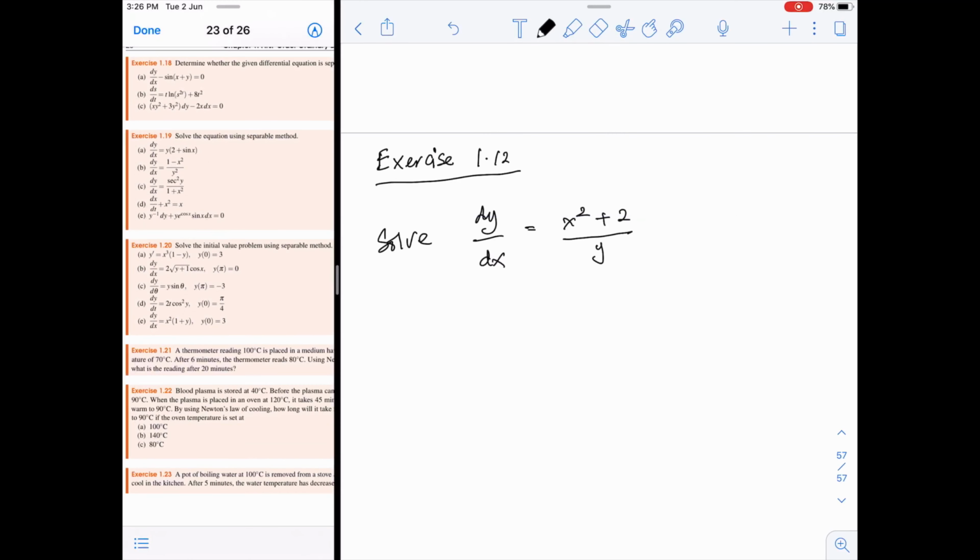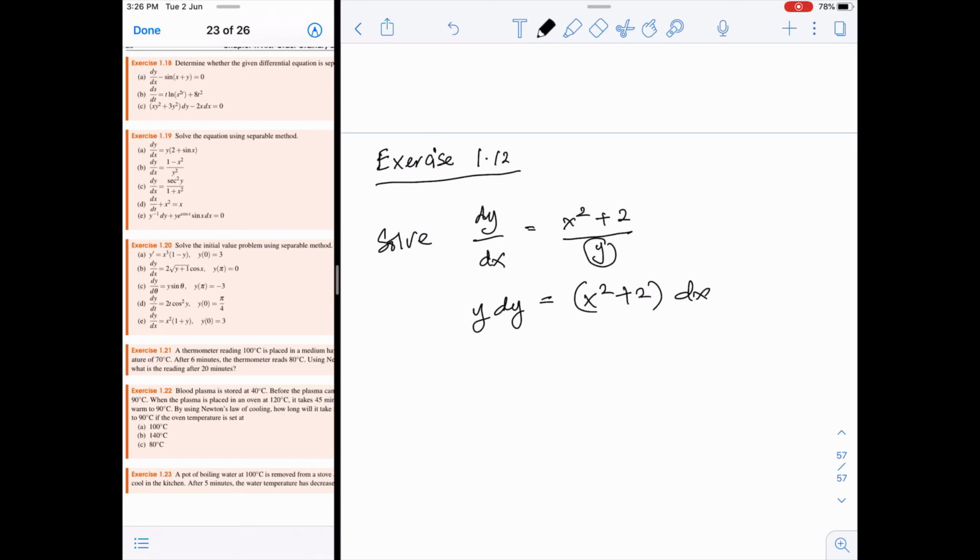Okay, now let's continue to solve exercise 1.12. You are given the differential equation dy/dx equal to (x squared plus 2) over y. You may check whether this equation can be separated or not, and then apply the separable technique to solve it. Let's move y to the left hand side, so you will get y dy, and then you will have (x squared plus 2) dx. So it's a separable equation.